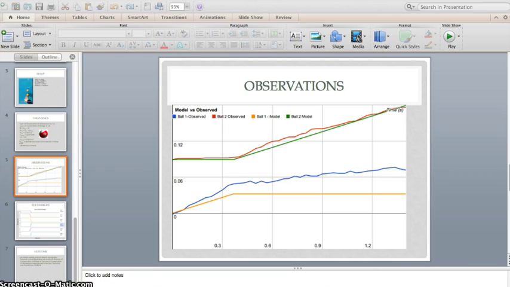Here we can see a graph comparing the movements of the perfect ball, so the perfect virtual model, compared to the observations that I gained from Tracker.